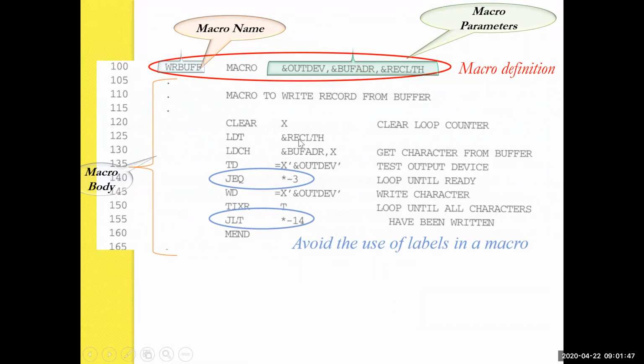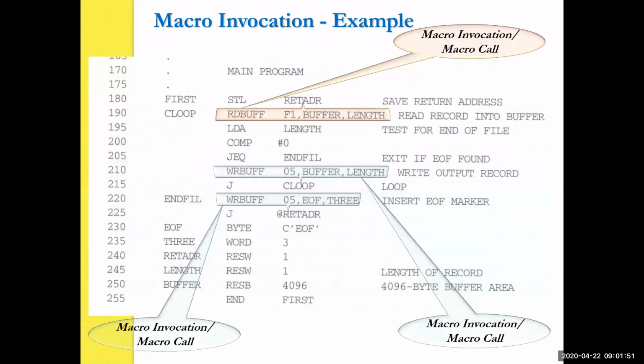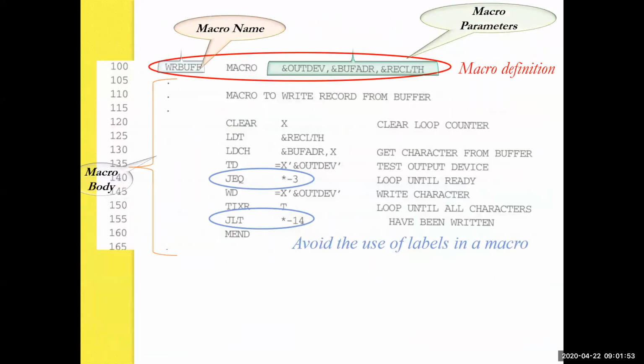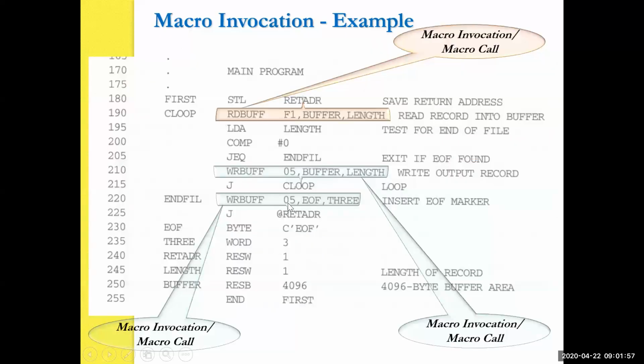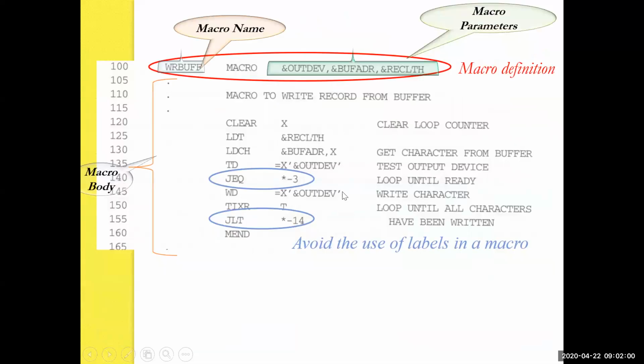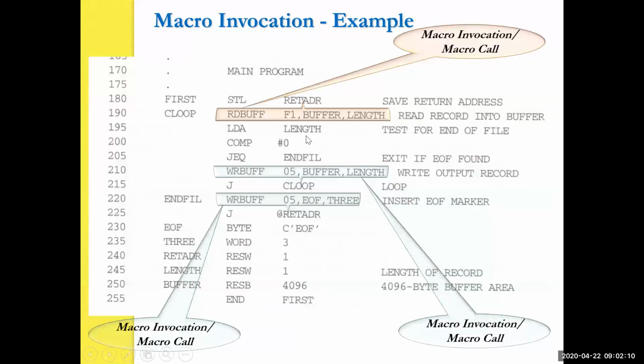Now record length has to be replaced with 3. Output device OUTDEV has to be replaced with 05, and record length has to be replaced with 3.